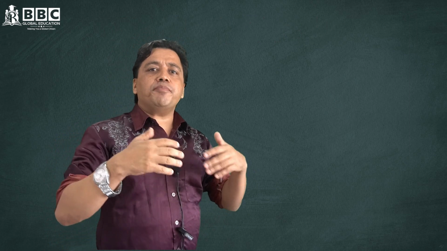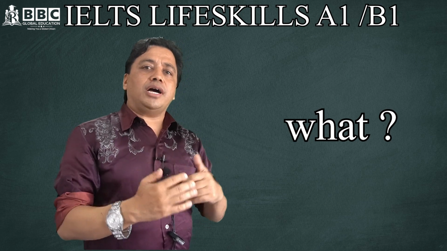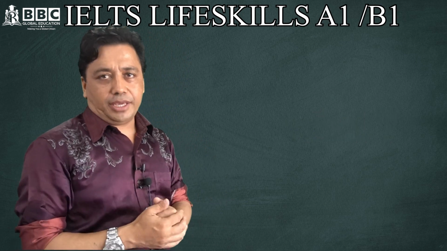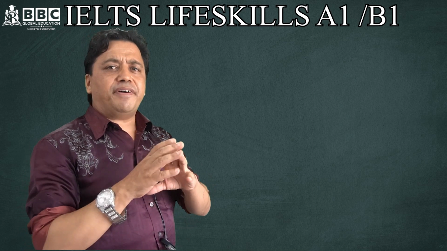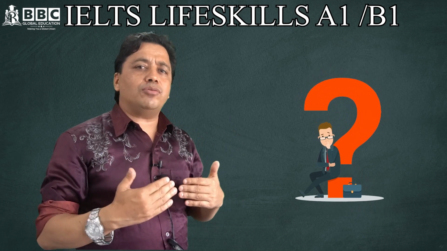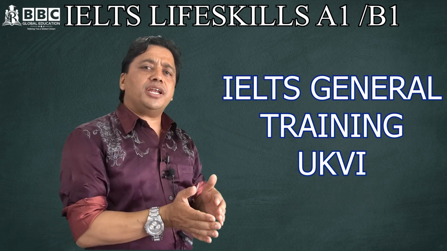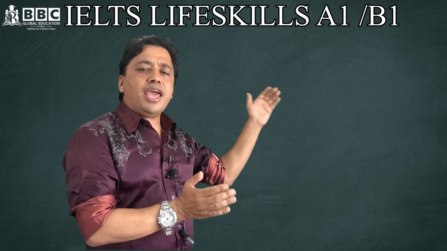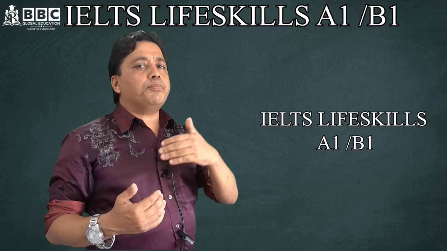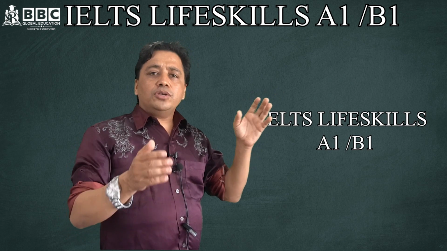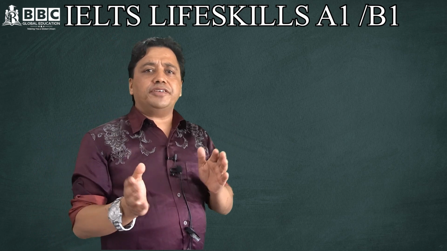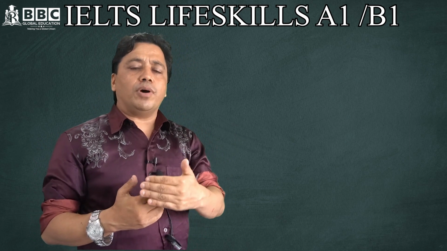Now let me make you clear about what IELTS Life Skills A1 or B1 is. Sometimes I find a lot of people getting confused about IELTS General Training UKVI and IELTS Life Skills A1 or B1. So please be clear about IELTS Life Skills A1 or B1.